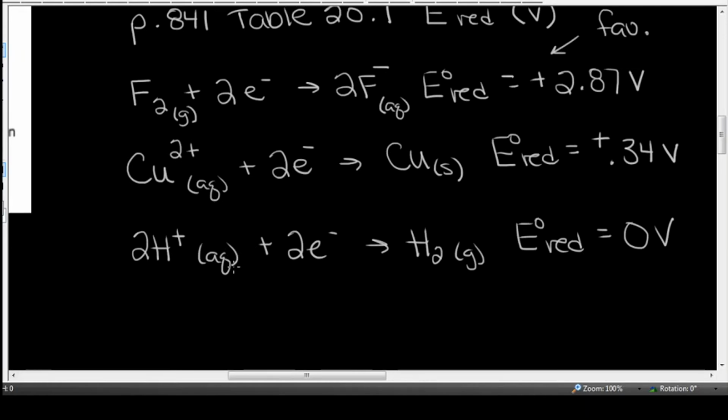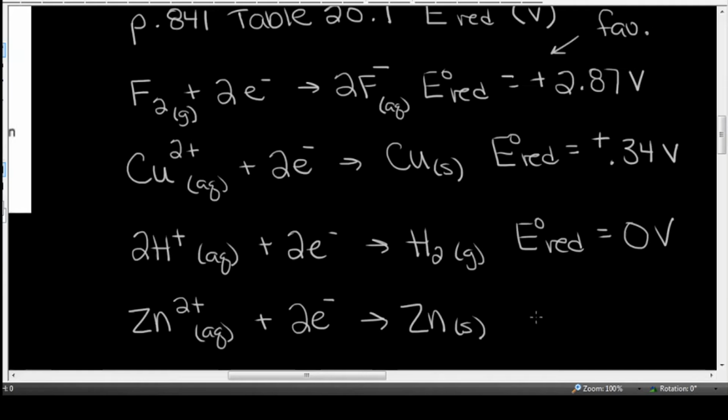If we go down below to, let's say, zinc 2 plus, zinc 2 plus doesn't really want those 2 electrons to become zinc solid. The E naught reduction potential for zinc ions to gain electrons is a negative value, negative 0.76 volts.